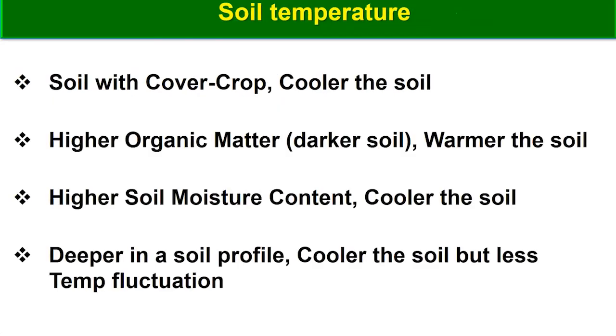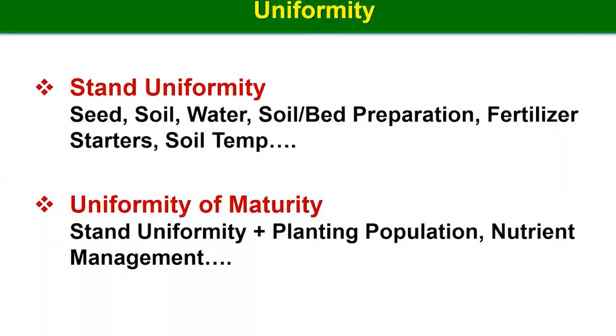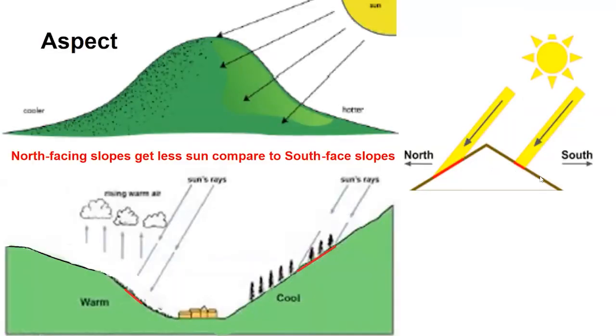Let's go back to this slide. If we plant a higher canopy cover crop on the south-facing slope, and a low canopy cover crop like tillage radish or some smaller leafy plants for the north face, and woody stuff for the south face, we will adjust the temperature.